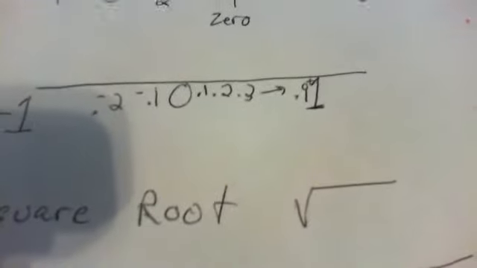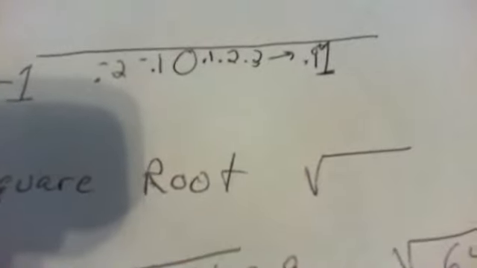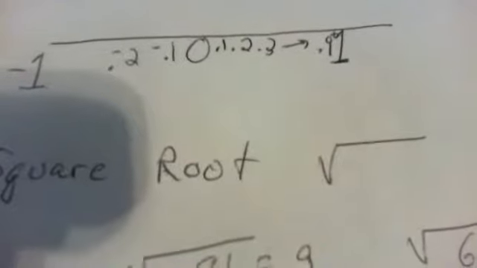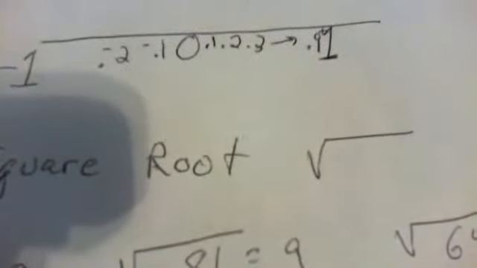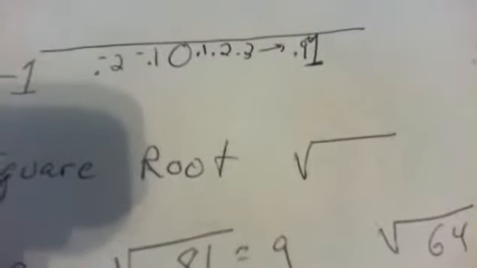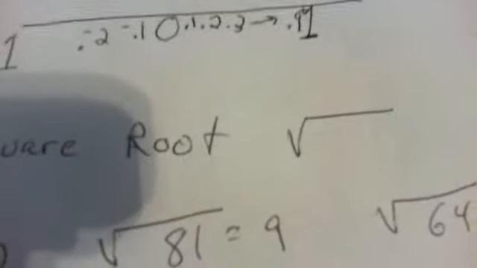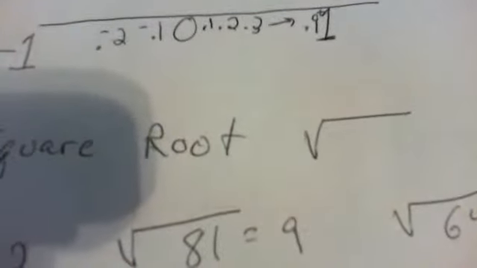Now, let's take a look at this same number line. And here's 0, here's positive 1, here's negative 1. What we need to know is in between 0 and 1 is 0.1, 0.2, 0.3, 0.4, 0.5, 0.6, 0.7, 0.8, 0.9, and then there's 1.